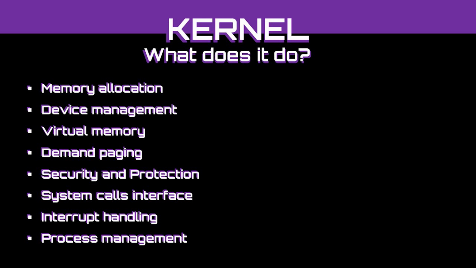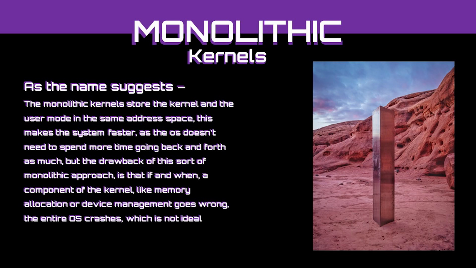These kernels work slightly different to each other. The monolithic kernel, as the name suggests, stores the kernel and the user mode in the same address space. This makes the system faster as the OS doesn't need to spend more time going back and forth as much.